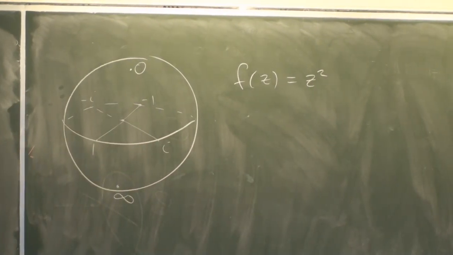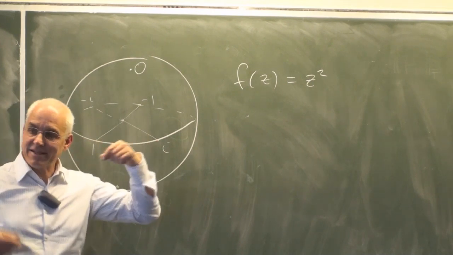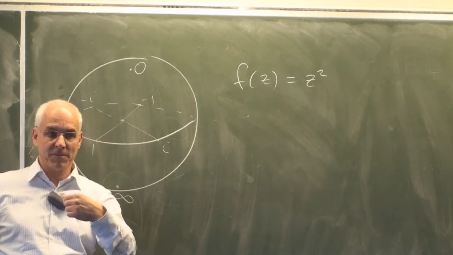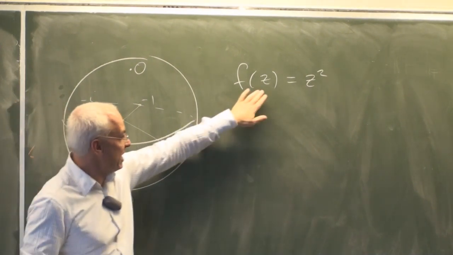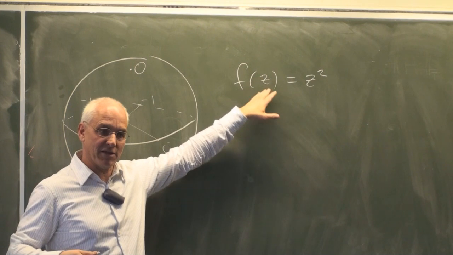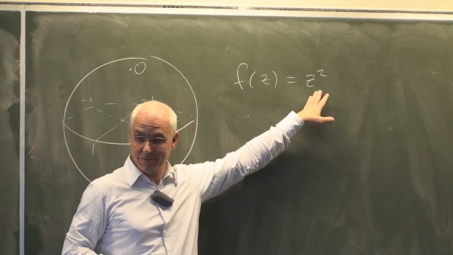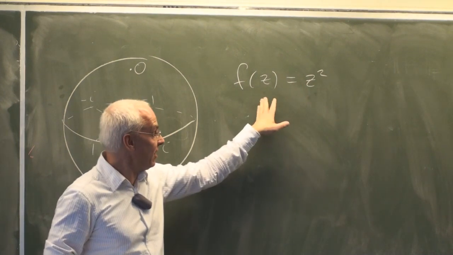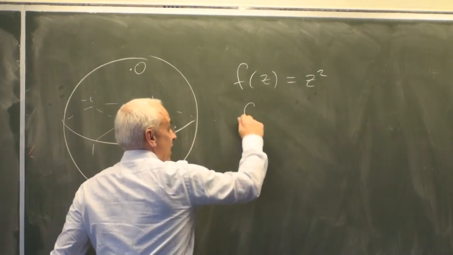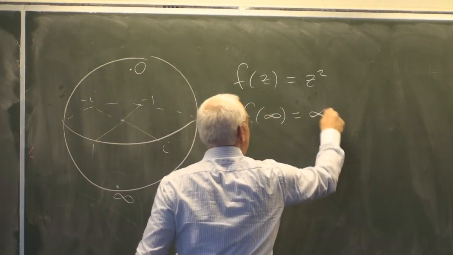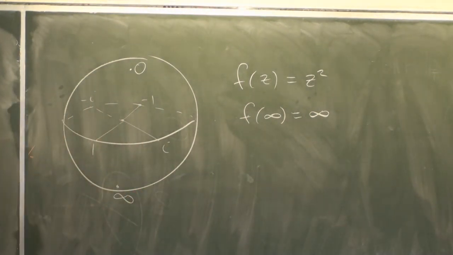That's a function from the complex plane to the complex plane. And it has the additional property that it's actually extendable to infinity. If you take a very big complex number and you plug it into this function, you're going to get output another very big complex number. So infinity is naturally sent to infinity. In other words, this function extends to a continuous function from the Riemann sphere to itself.